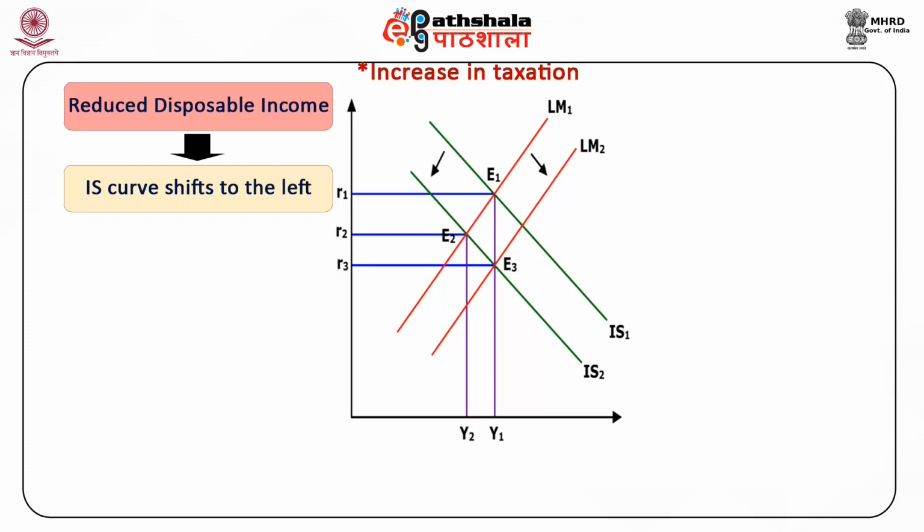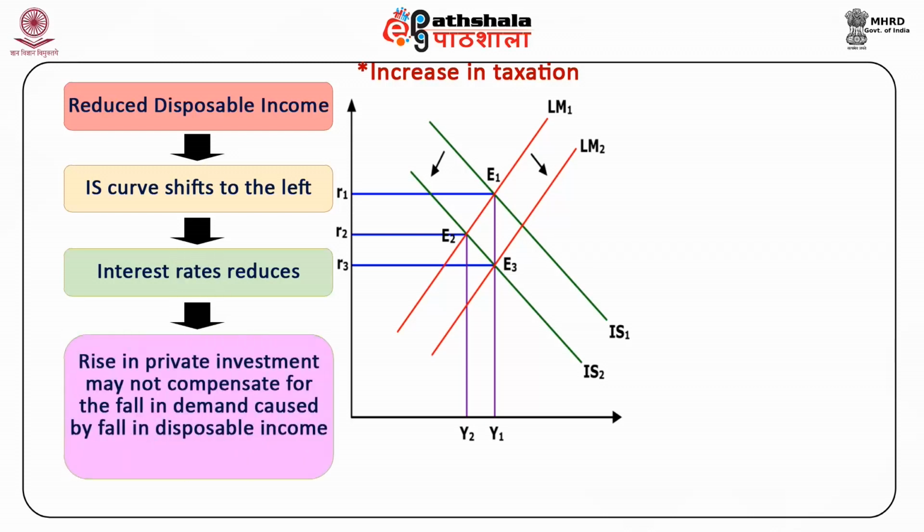This reduces interest rates, but the resultant rise in private investment may not compensate for the fall in demand caused by the fall in disposable incomes. So, income might be reduced from Y1 to Y2.